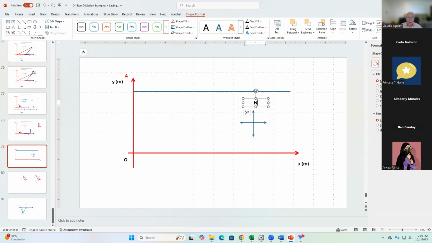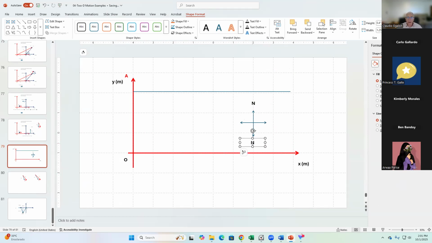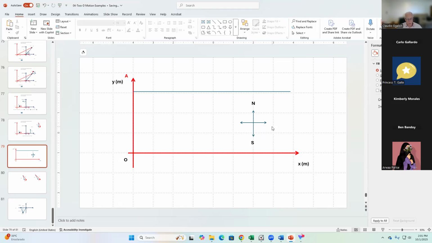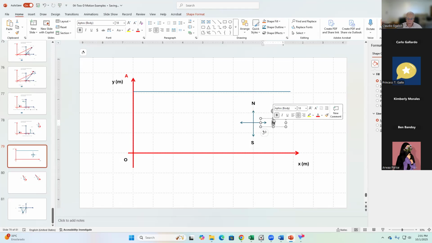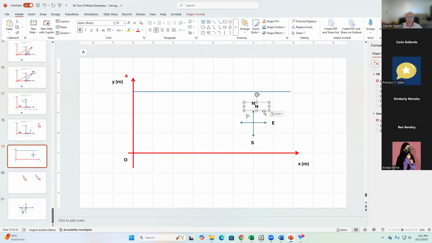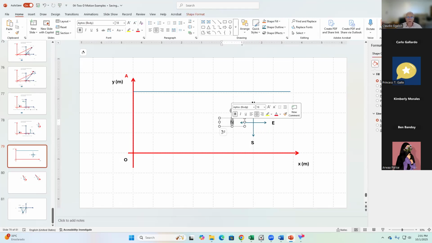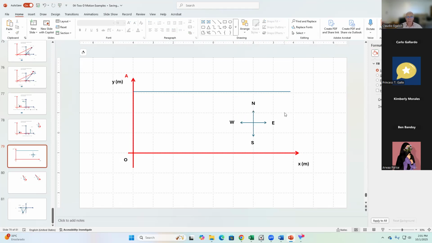So here the northern portion of the riverbank, and that's the southern portion of the riverbank. South, that's east, and this other one is west.